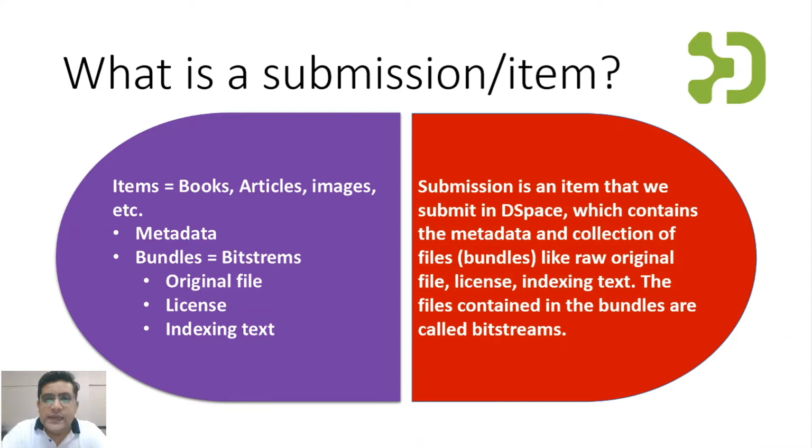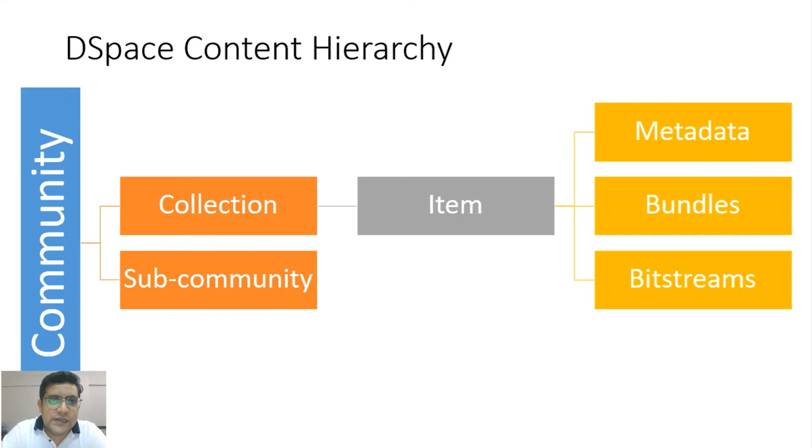So we can say a submission is an item that we submit in DSpace, which contains the metadata and a collection of files and bundles like raw files, licenses, and the indexing text. The files contained in the bundles are called bitstream. So they are actually the content hierarchy of DSpace.